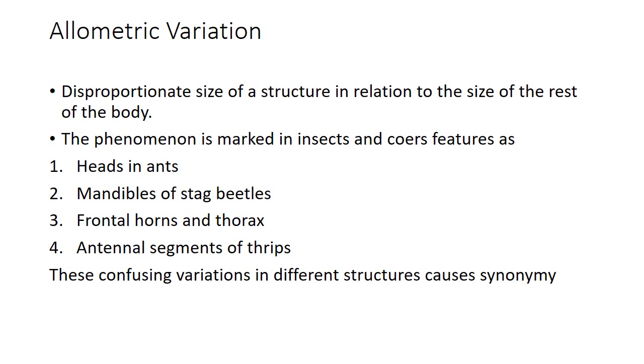It involves such features as the head of the ants, the mandibles of the beetles, the frontal horns or thoraxes of the scarabs, and the antennal segments of the thrips. Failure to recognize the nature of such variations has resulted in synonymy.